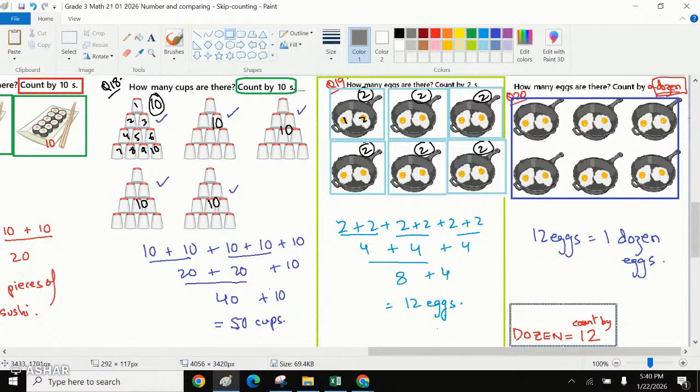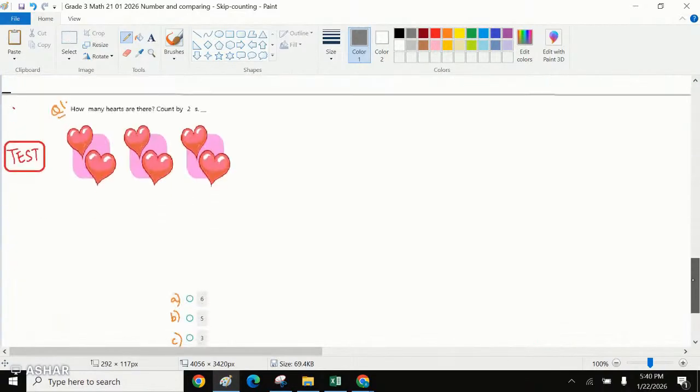They're not 72, right? They're only 12 eggs. When we count them, they are only 12 eggs, right? So we can also say 12 eggs is equal to 1 dozen of eggs, okay? Do we agree, May? Okay, thank you.